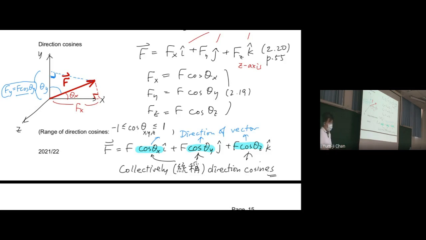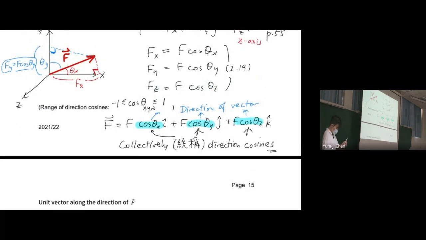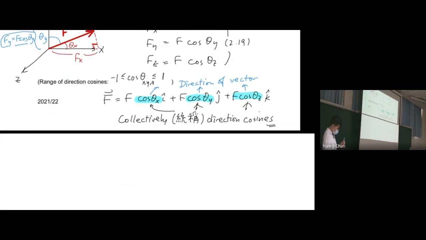So up to now, we only talk about positive direction cosine. But what does it mean by negative direction cosine? Let me write it. Let me put a new page here.